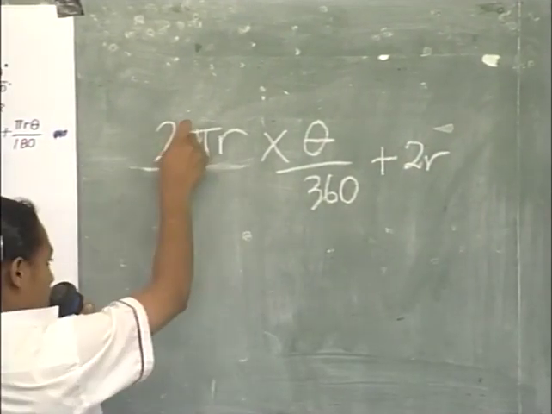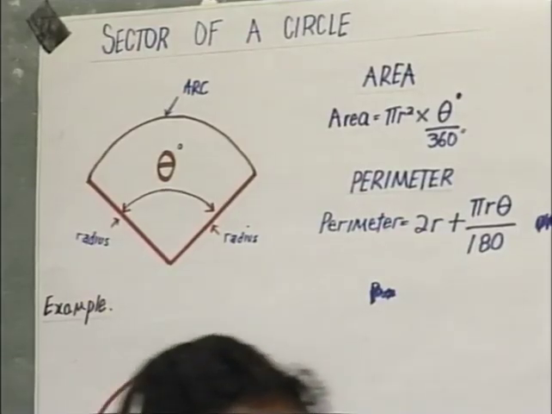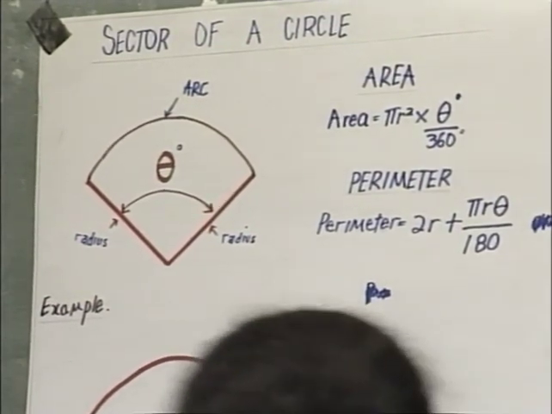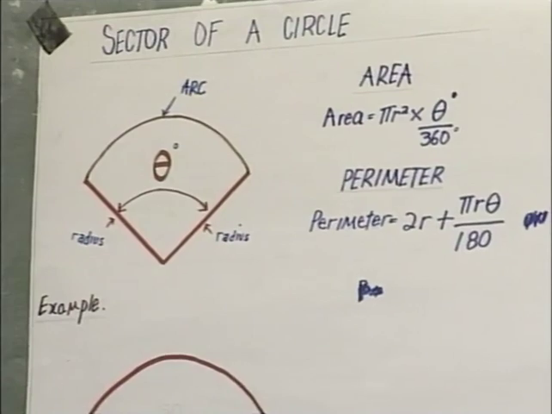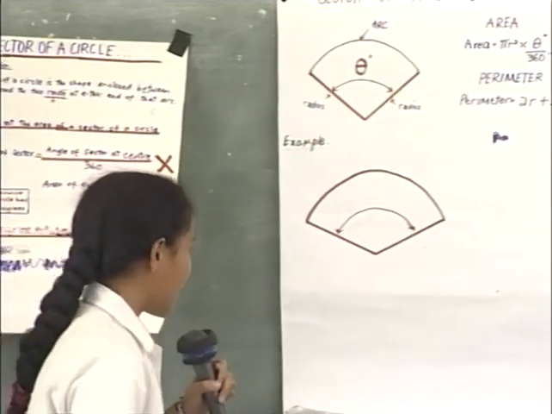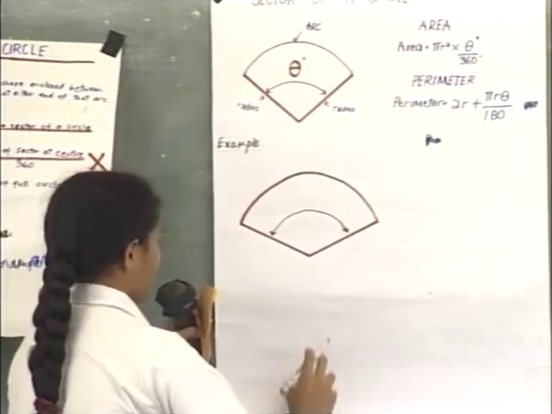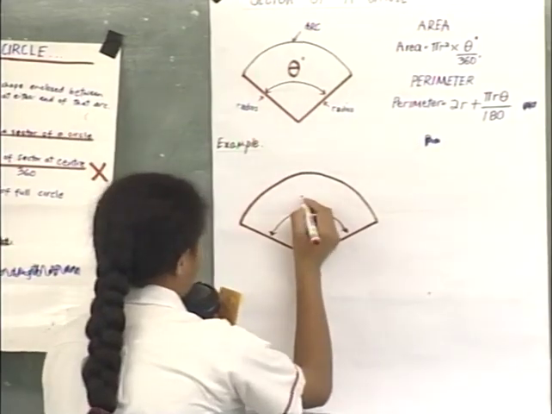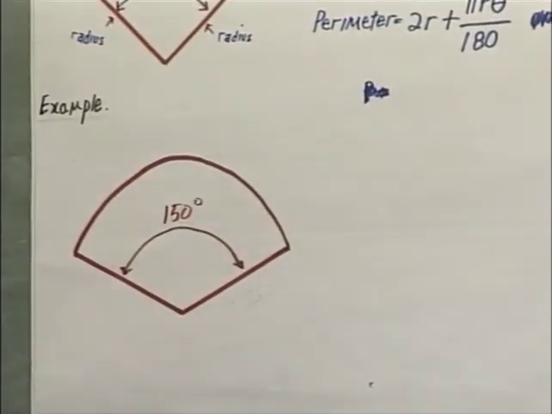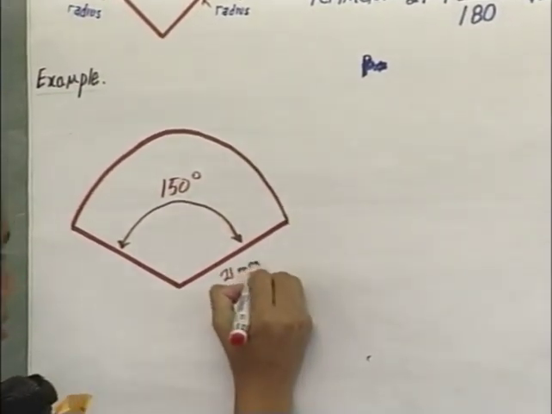After working this out, we came up with this formula. Let's look at one example. Let's take the angle at the center to be 150 degrees and the radius to be 21 millimeters.